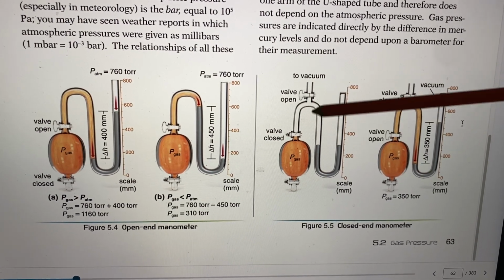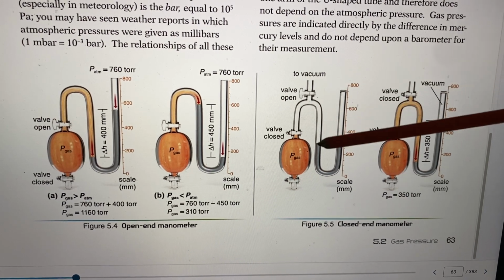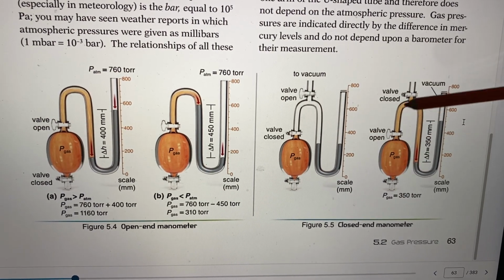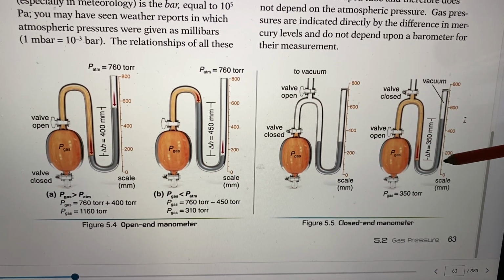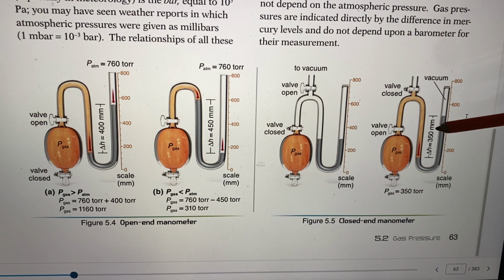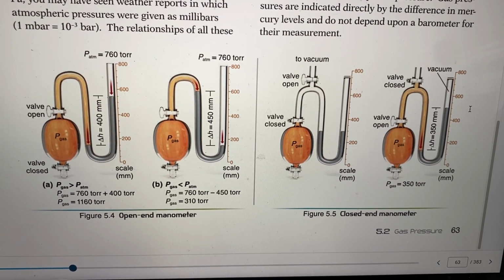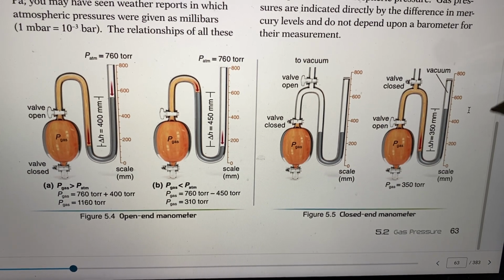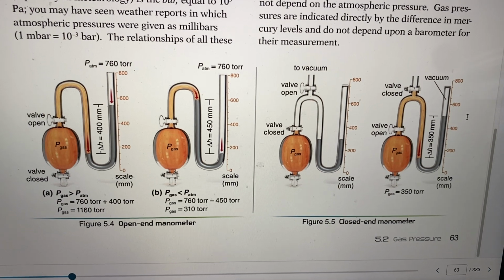It's a vacuum tube, and as the pressure comes in here and goes up, you can see how the pressure came in. It's going to move this right up here, this much. It moved up 350 millimeters. So we're going to say there's a 350 millimeter change, so it's going to be 350 torr. So that's the gas.